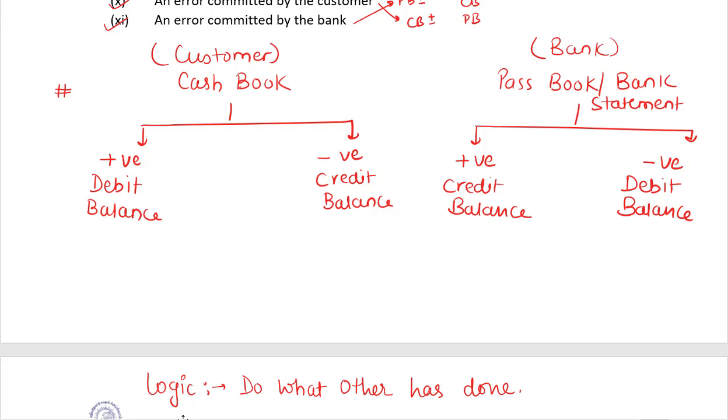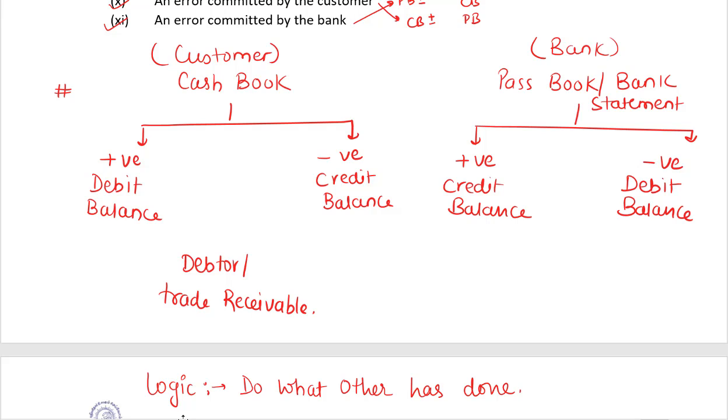The logic is why we are debiting the positive bank balance, because the customer thinks that the banker is a debtor, or you can say a trade receivable. This treatment is given by the customer to the bank.